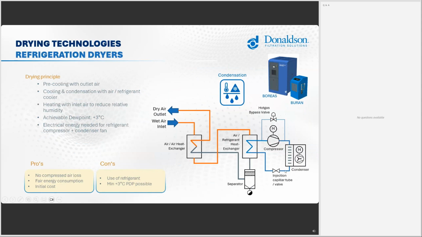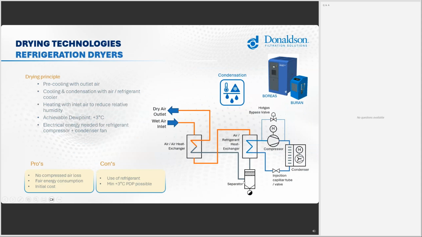And here we have a refrigeration circuit installed, which brings the temperature down to a dew point of about 3 to 5 degrees Celsius. Usually 3 degrees Celsius is the characteristic dew point in these systems, and it's above 0 degrees Celsius. Otherwise, there is a big risk that the liquid water starts to freeze in the refrigerant dryer.